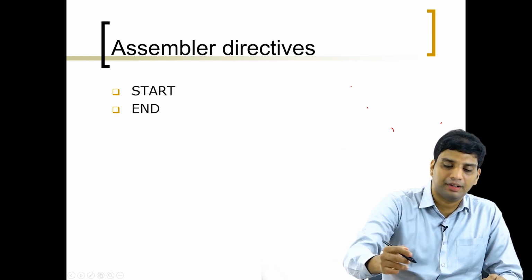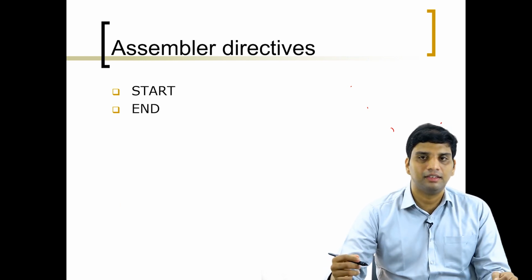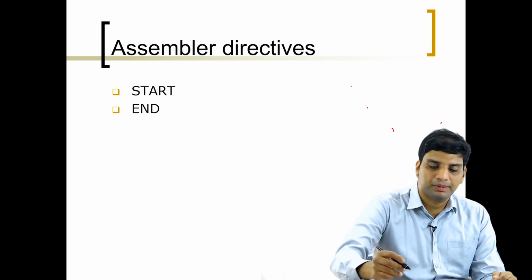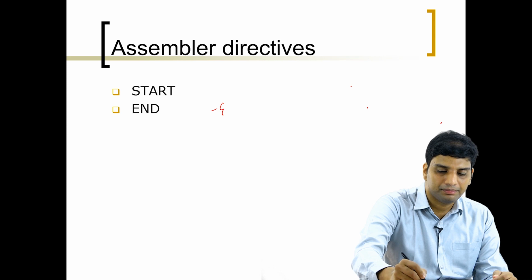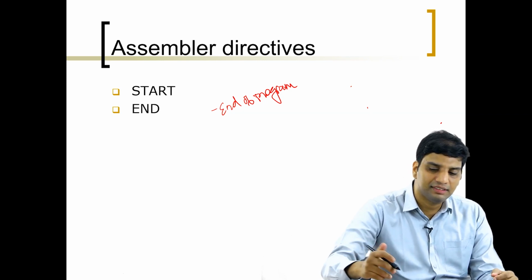The next assembler directive is END. As START specified the start of the program, END will always specify the end of the program. Then what does END contain? END doesn't contain anything.